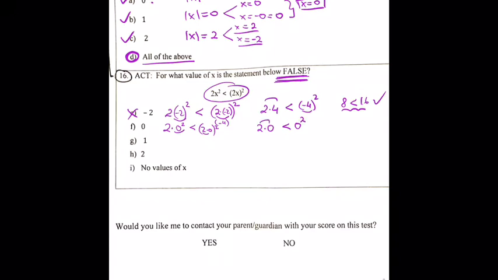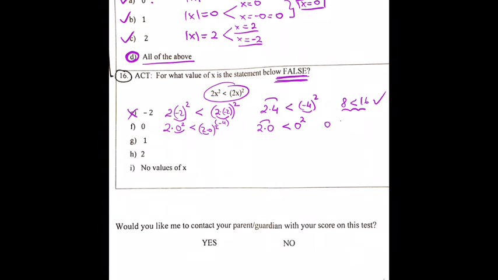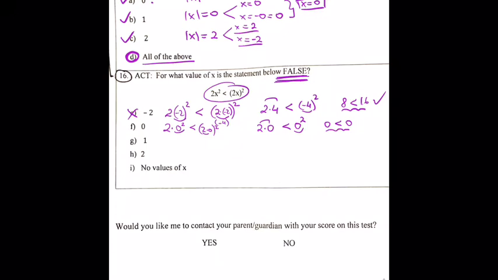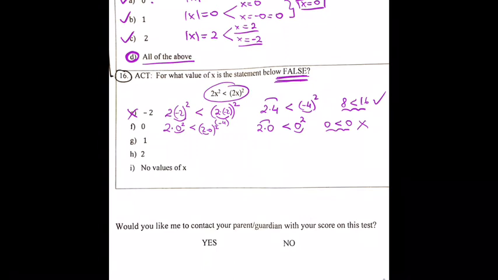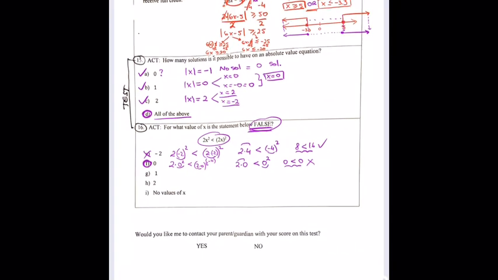Now I can multiply here. 2 times 0 gives me 0, less than 0 squared gives me, again, 0. Is this true or false? Is 0 less than 0? Well, this is false because 0 equals 0. 0 is not less than 0. So I found my false statement. So the correct answer for this ACT question is F, which is 0.